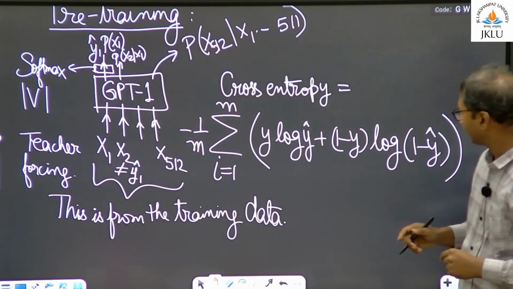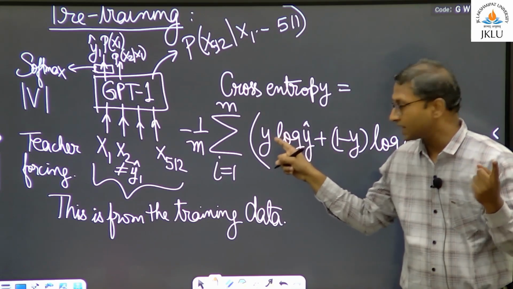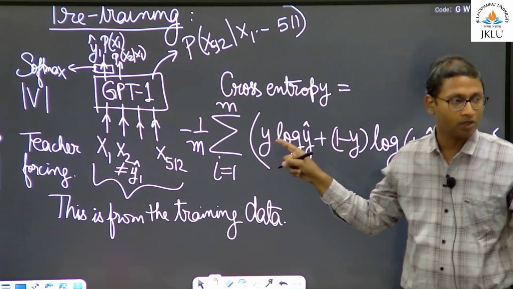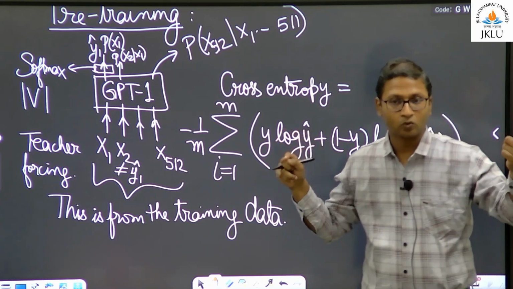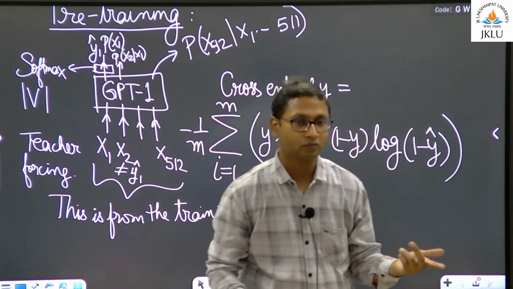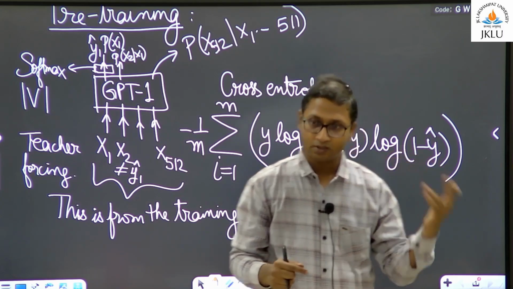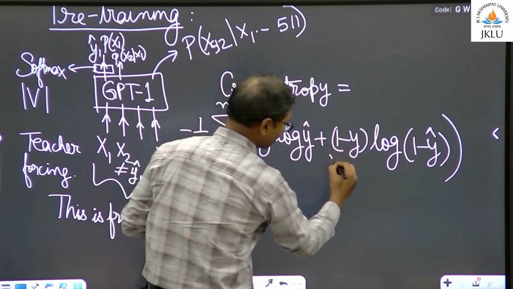Okay? Now, here we had two classes. There was class y, which can take either value 0 or 1. So if class is 0, other class can be 1. If one class is 1, other class will be 0. So this is your class 1, this is your class 2.